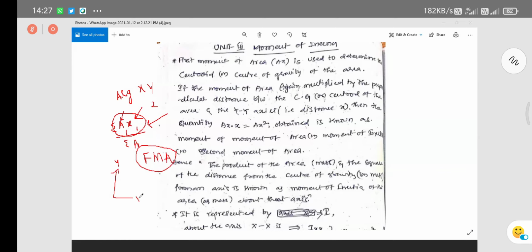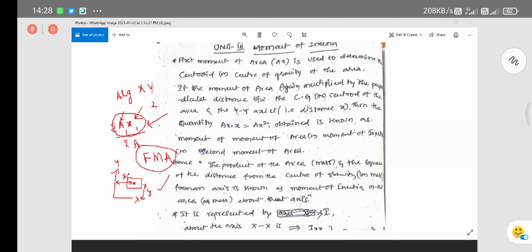So see here, if it is a rectangular object, I know the central location by drawing the diagonals. I will have the centroidal x and y coordinates for this centroid. From the x axis I will get the y distance, and from the y axis I will get the x location, x as the centroidal location.